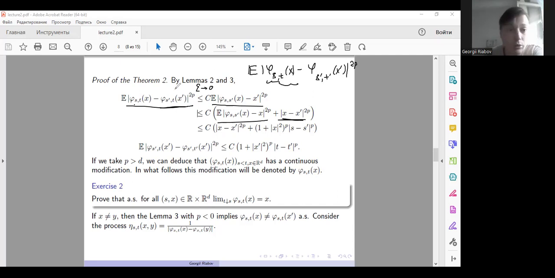Now recall lemma 2, that expectation of phi st of x minus phi st prime of x in the power 2p was bounded by 1 plus x squared in the power p times t minus t prime in the power p.